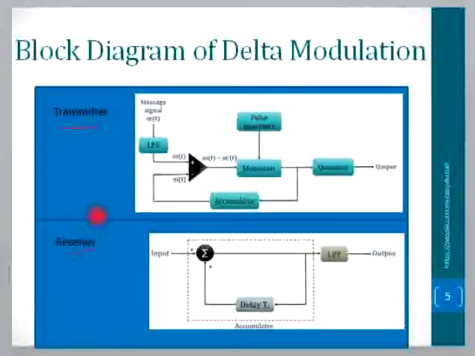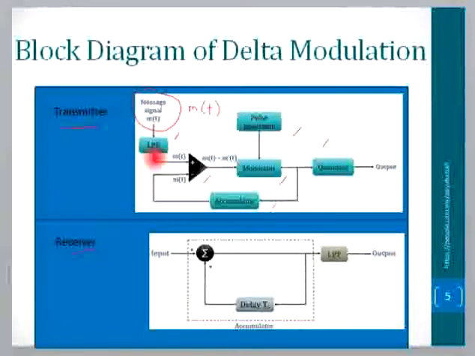For the transmitter, we have a low pass filter, a comparator, a product modulator, a pulse generator, a quantizer, and an accumulator. The message signal is the original signal, m(t).